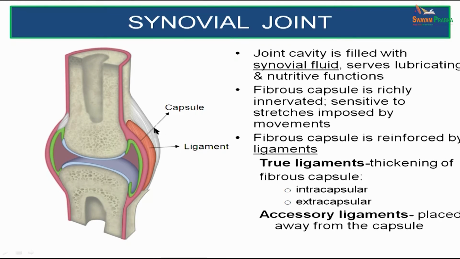The fibrous capsule on the outer aspect is reinforced by ligaments, and ligaments can be true ligaments or accessory ligaments. True ligaments are thickenings of the fibrous capsule, and they can be intracapsular or extracapsular, and accessory ligaments are those which are placed away from the capsule.